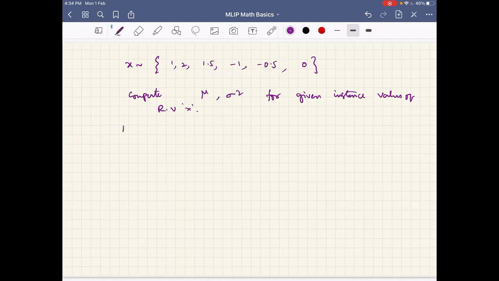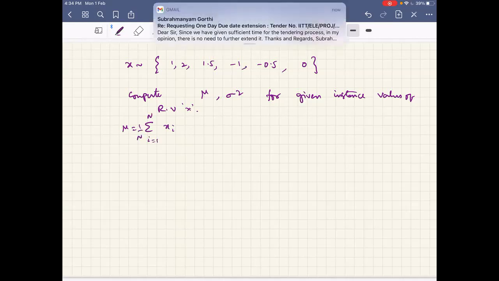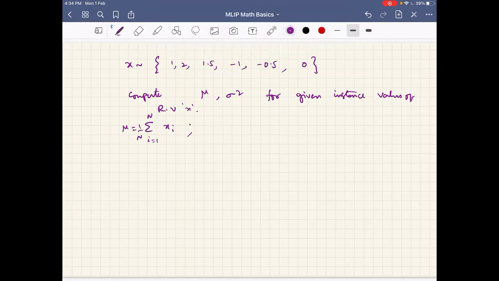From that, compute the mean and variance. Here I have not given any probability density or probabilities. The mean expression is simply, if xi are the values, i equal to 1 to n, 1 by n summation xi. This is the sample mean.